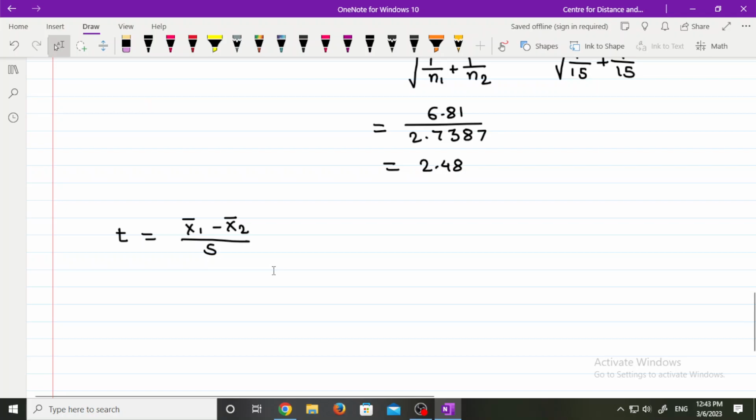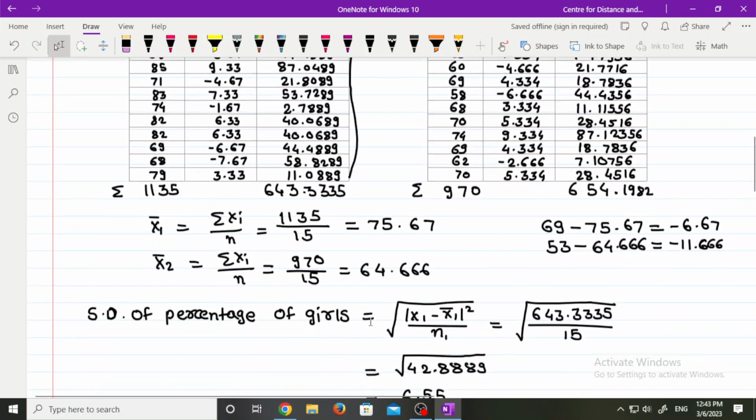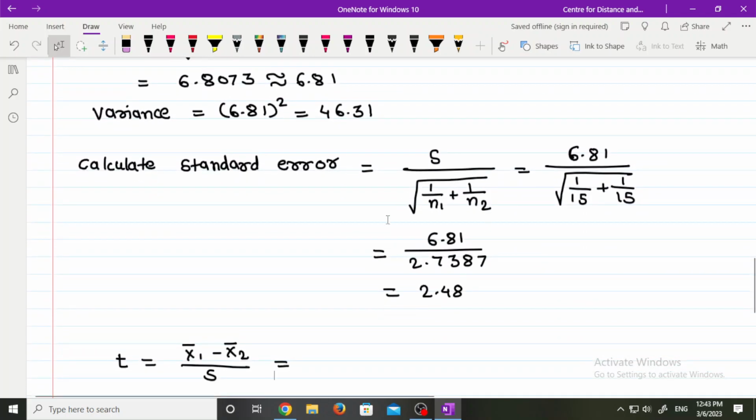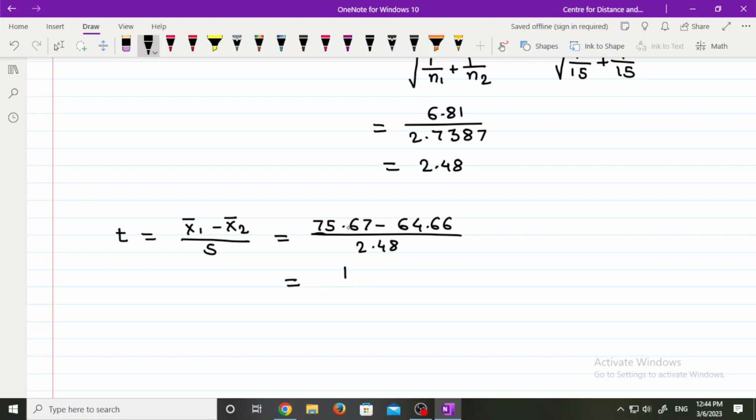x1 bar minus x2 bar divided by S, which is equal to, the value of x1 bar is here 75.67 and x2 bar is 64.66, and the value of S, that is here the standard error, S.E. Writing down these values, we get 75.67 minus 64.66 divided by 2.48, which is equal to 11.01 divided by 2.48.